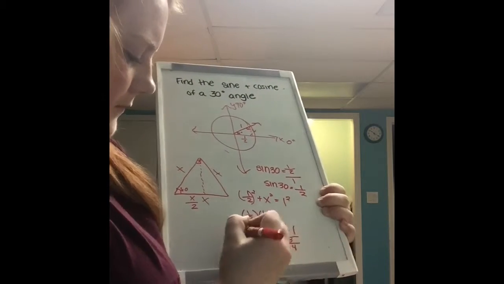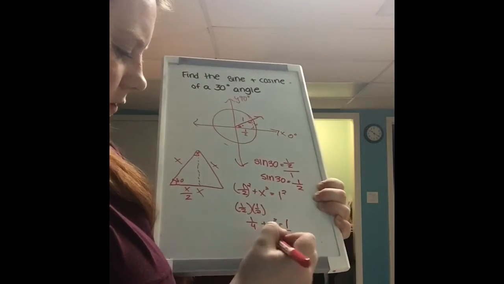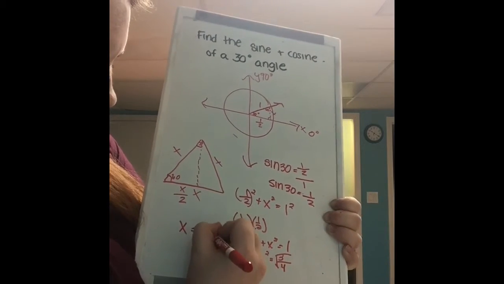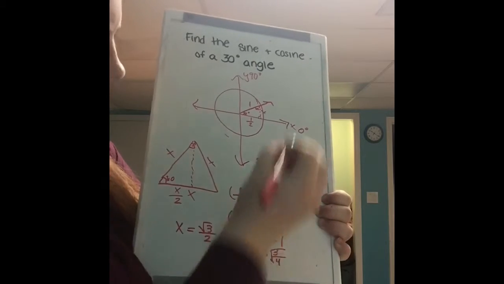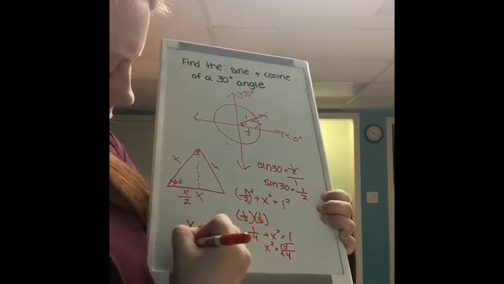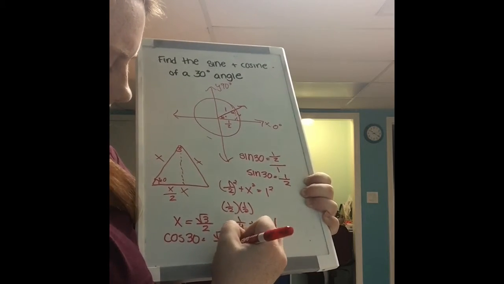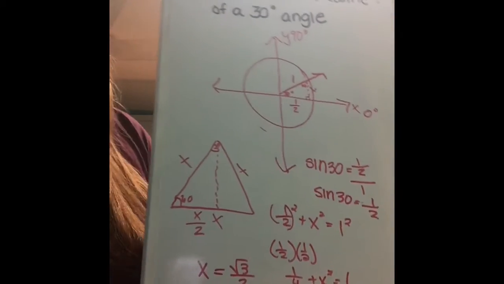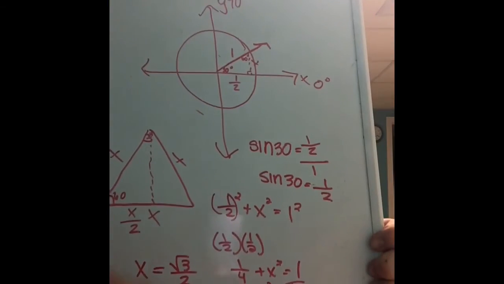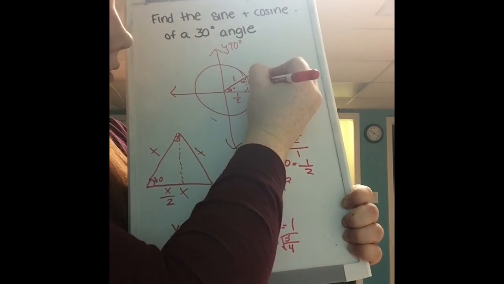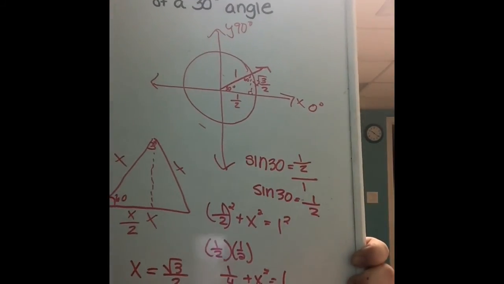When you square root that, you get x equals root 3 over 2, making the cosine of a 30-degree angle root 3 over 2. You can see that. So, if I write here, 3. Now you just found the sine and cosine.